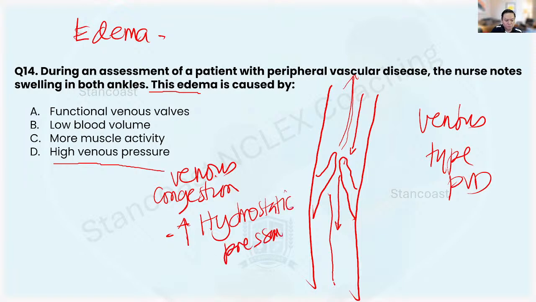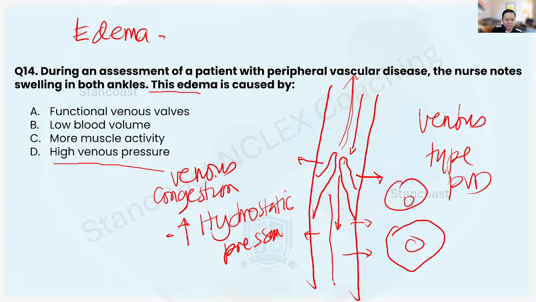So that simply means that the fluids will now leak into the interstitial spaces. Okay? So supposing these are your cells, the fluids will now migrate into the interstitial spaces.